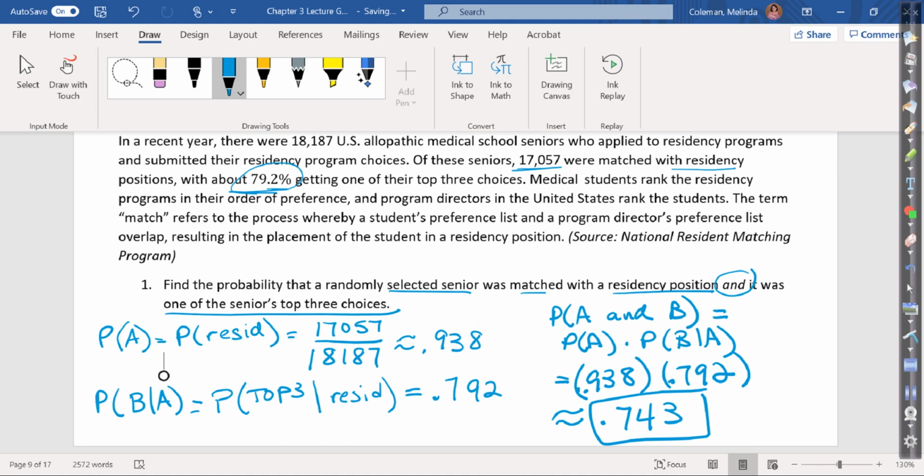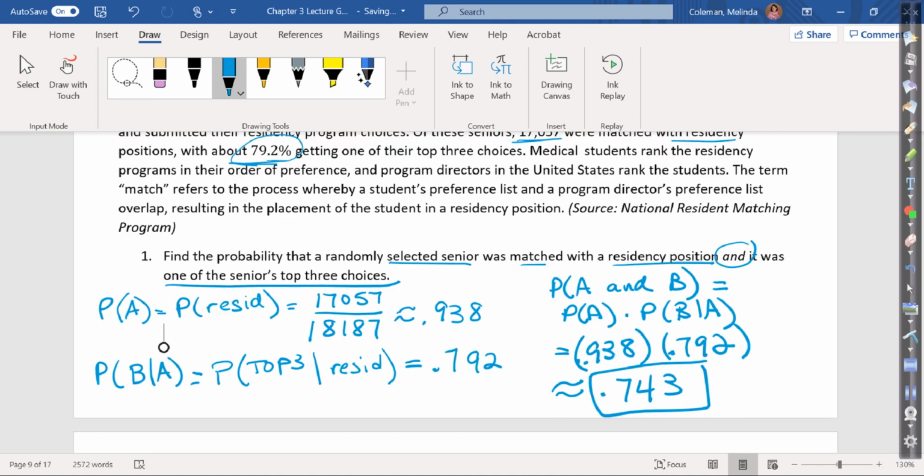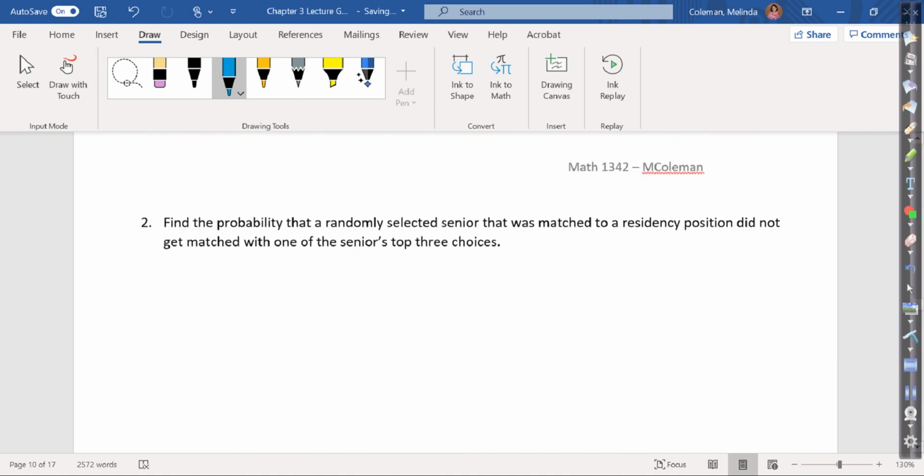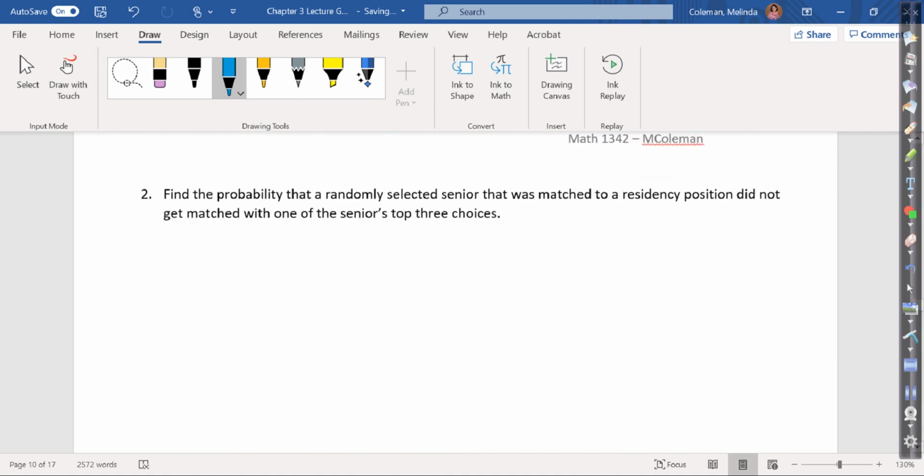Some of these can be a little trickier in the way they're worded, so you just have to be very careful. Number 2 says, what is the probability that a randomly selected senior who was matched to a resident position did not get matched to one of their top 3 choices? So in terminology, this would be the probability of not being a top 3 choice given that their residency was a match.